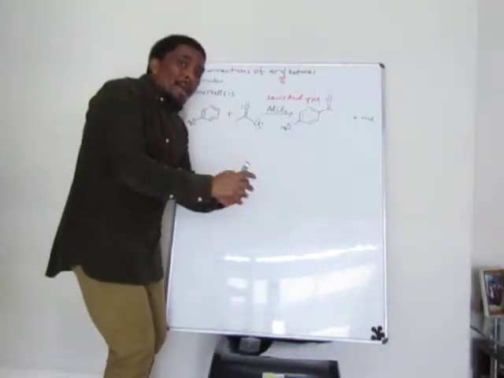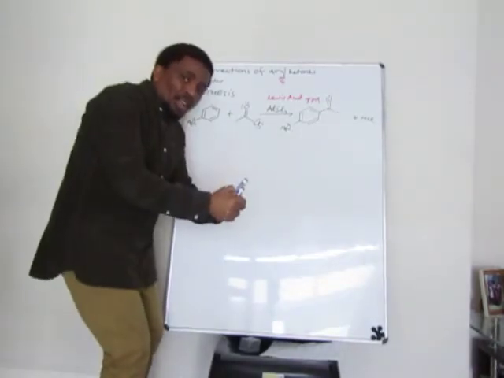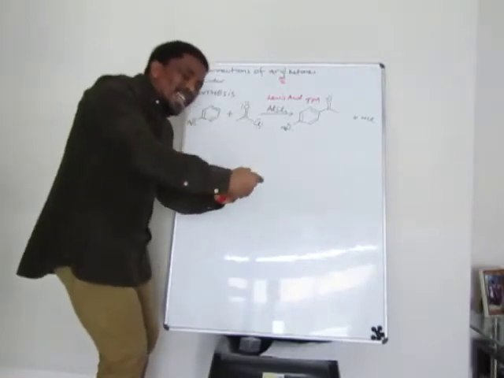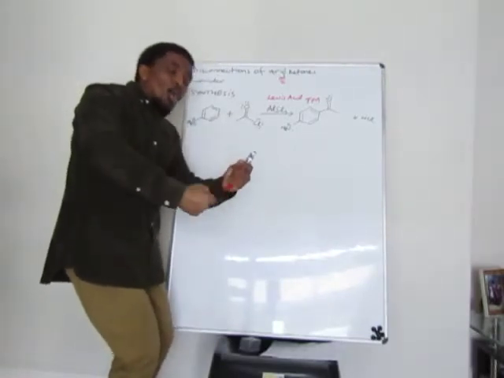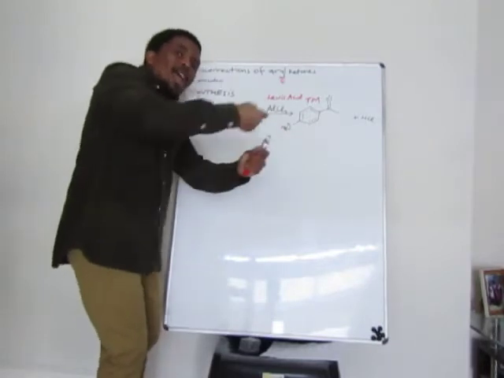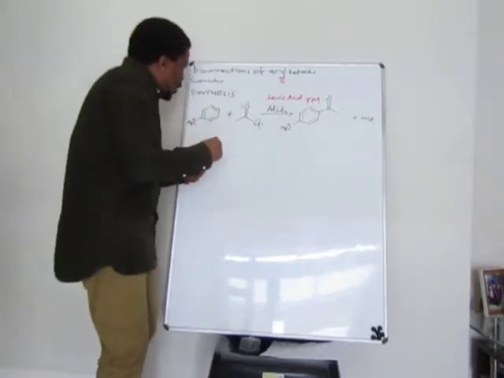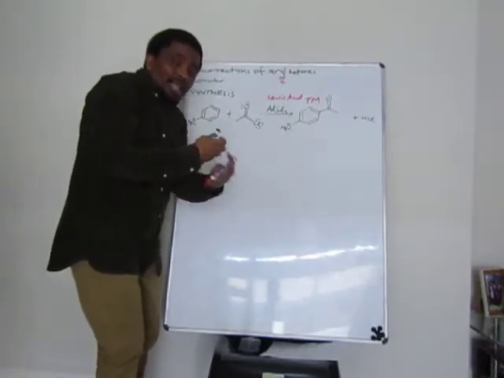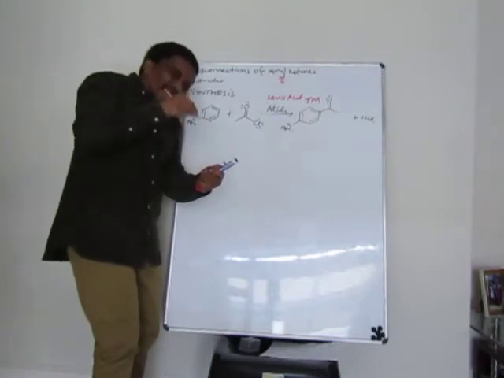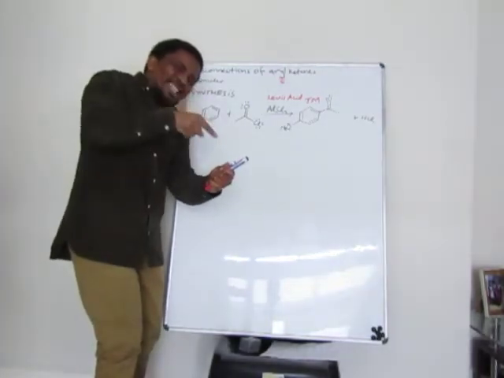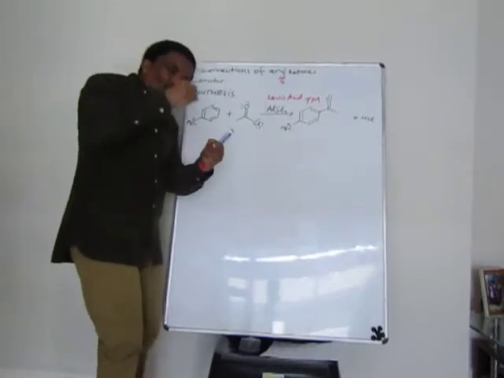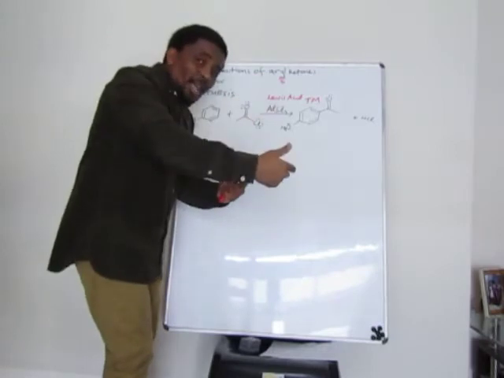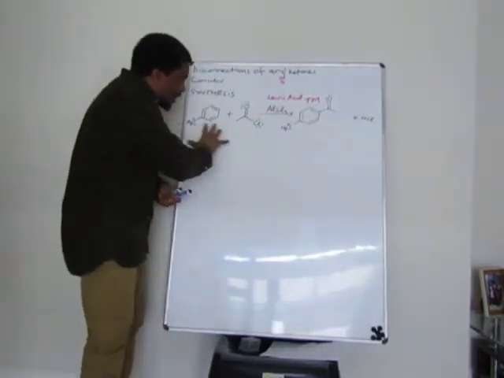Once you've generated a very strong electrophile, it's then that benzene will go and attack that strong electrophile. Remember, benzene does not want to lose its character of having those 6 pi electrons. So unless your electrophile is extremely strong, benzene will not begin to react. So this is our synthesis.